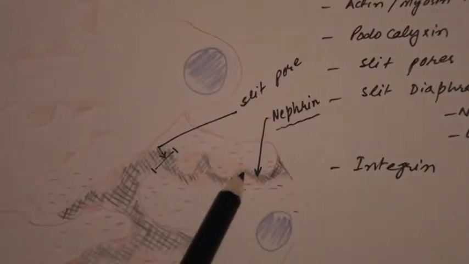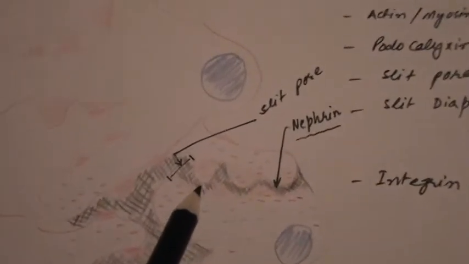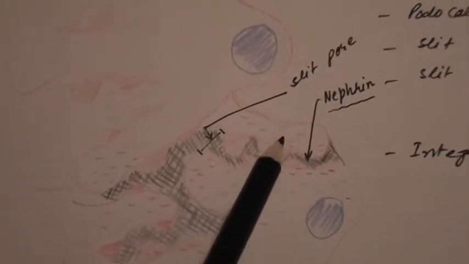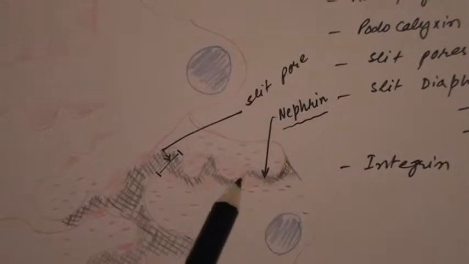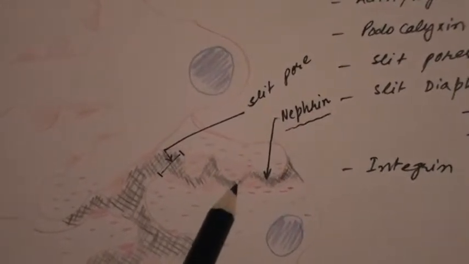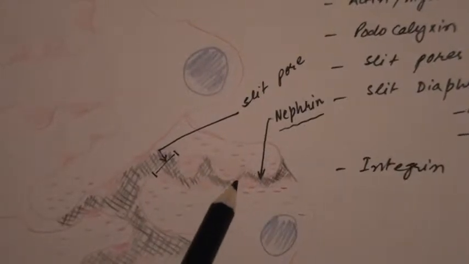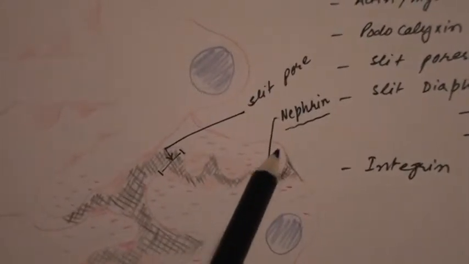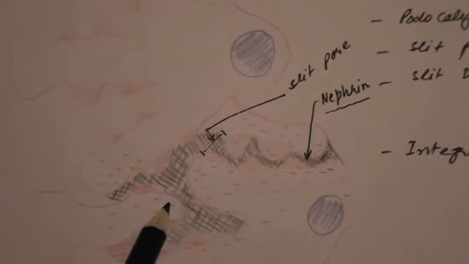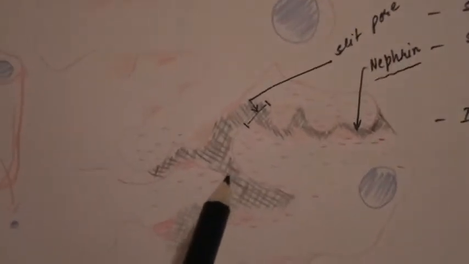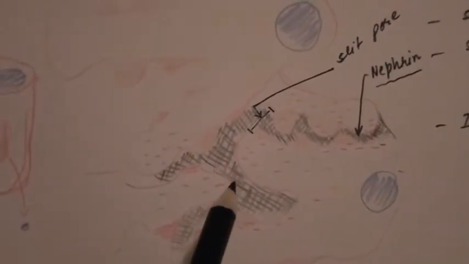But these are bound to each other via the nephrin molecules, which are also negatively charged. The size of the slit pore is about 20 nanometers, but when you combine it with the negativity, the effective pore size is about 8 nanometers.